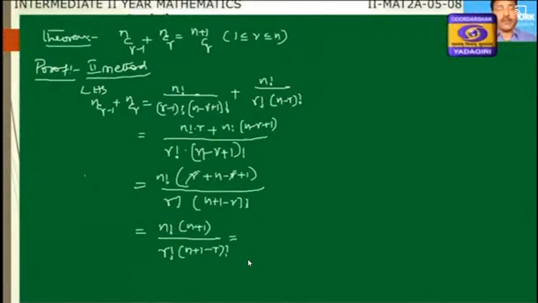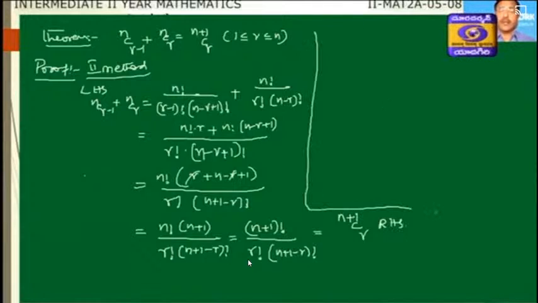So when it is multiplied by n plus 1, now this product has become the consecutive product of the natural numbers from 1 to n plus 1. Therefore, it can be written as n plus 1 factorial by r factorial into n plus 1 minus r factorial. So this is exactly like the nCr formula, n factorial by r factorial into n minus r factorial. So we can write it as n plus 1 Cr, where n means what we have here, n plus 1. So this is equal to RHS.